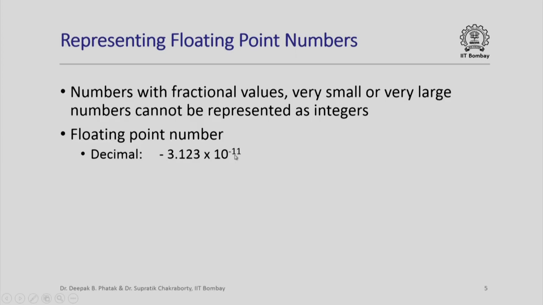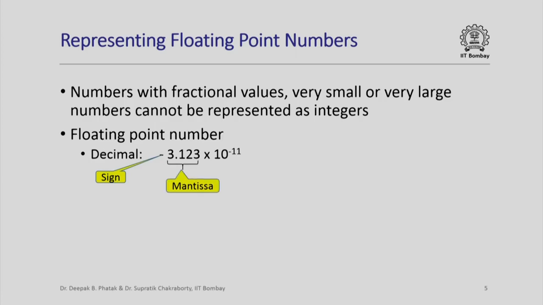So let us look at this floating point number, minus 3.123 into 10 raised to minus 11. This is the quote unquote floating point in this number. Now this number is of course written in decimal, and in this representation there are several parts and I want to highlight them. The first is the sign, this is a negative number.